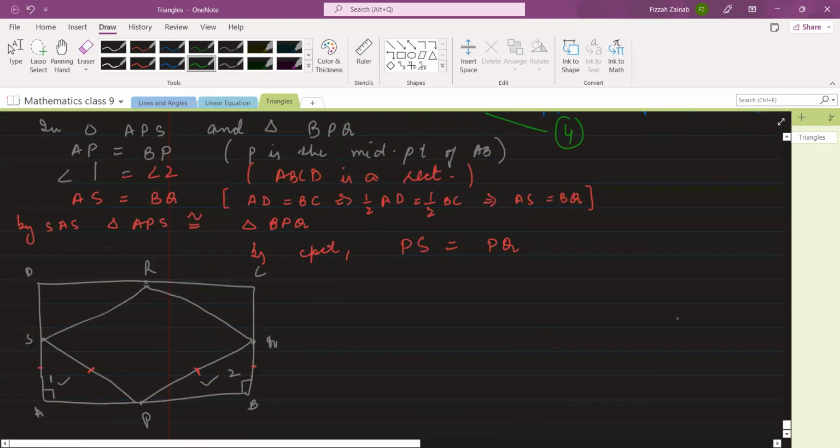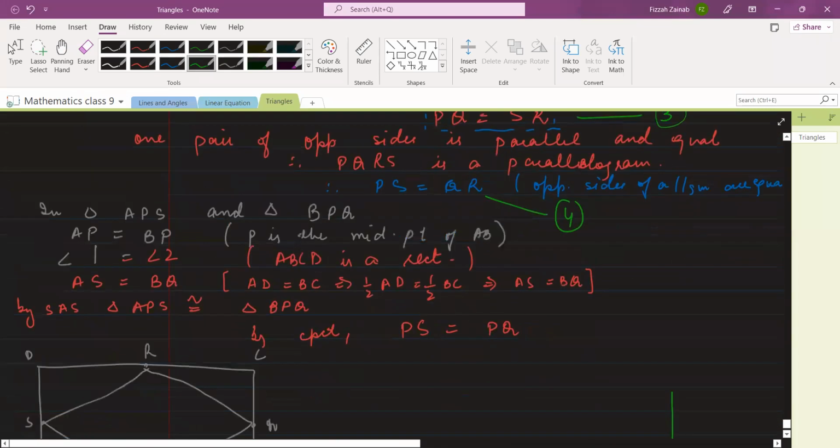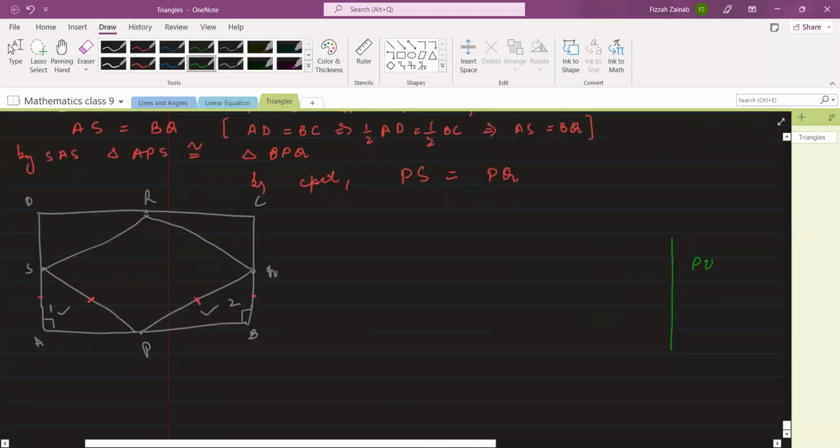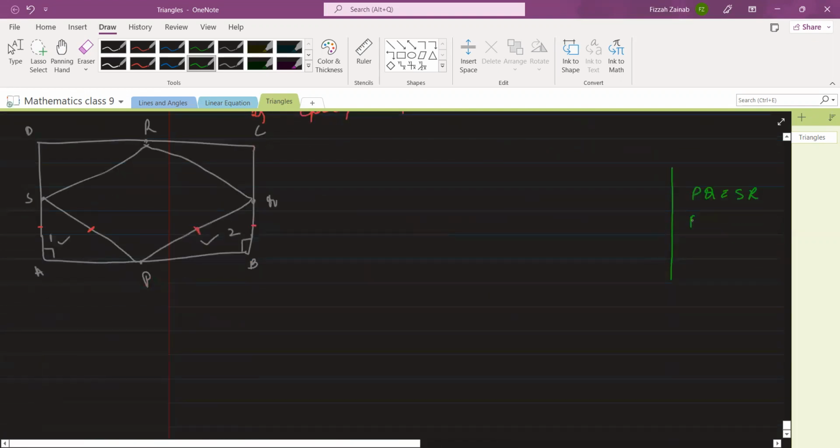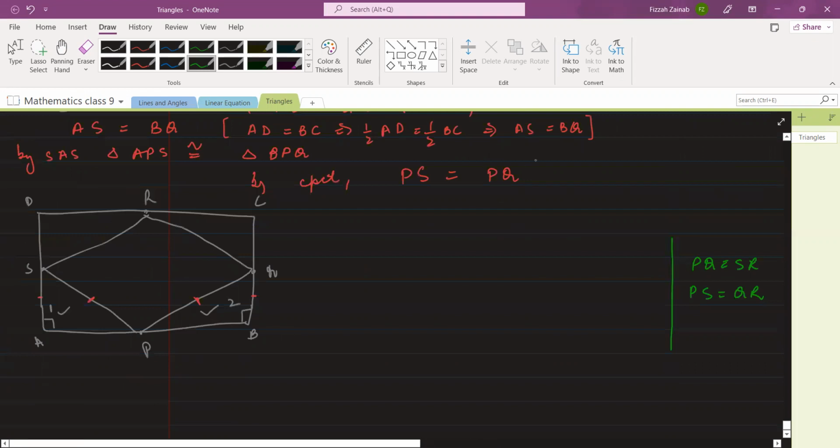I'm just writing on the side because you're not able to see that. So 3 is PQ is equal to SR, and the fourth is PS is equal to QR. We have already proved it. And now from CPCT, I've got this, marked 5.